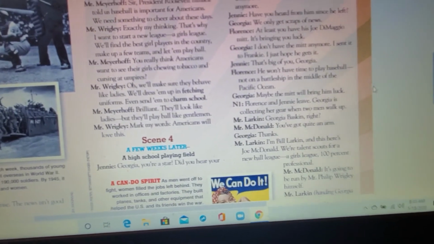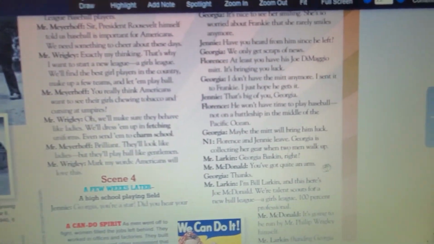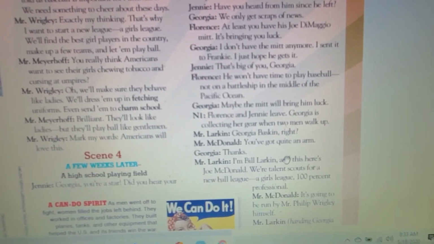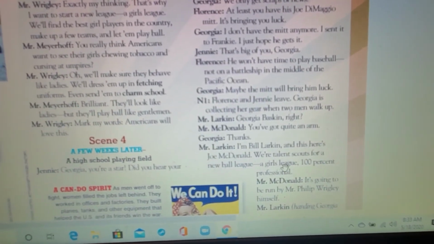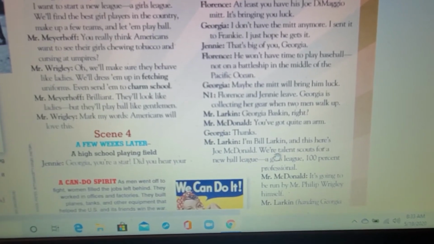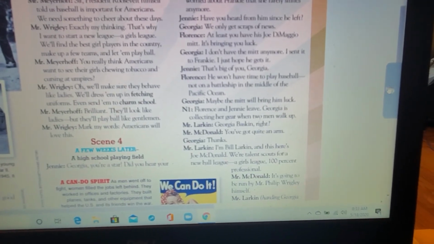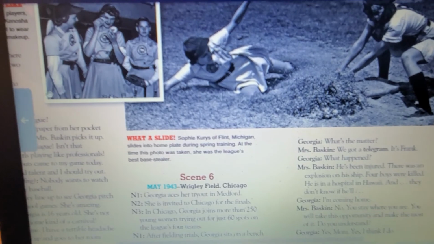So if I go back to the story, these 2 scouts, Mr. Larkin and Joe McDonald, come and offer her a shot to try out for the team, try out for the women's league.